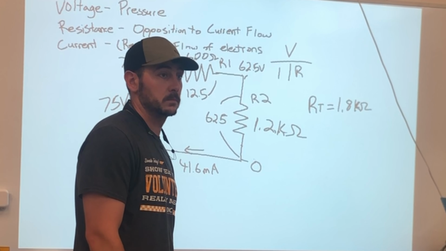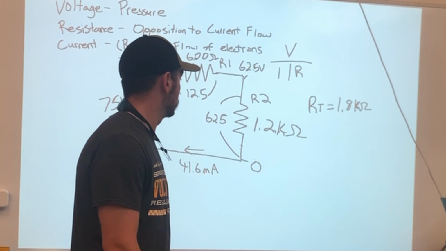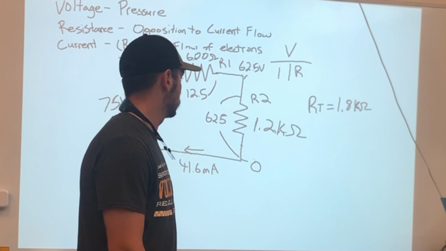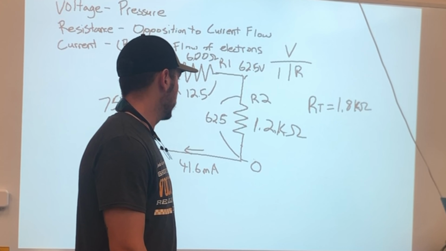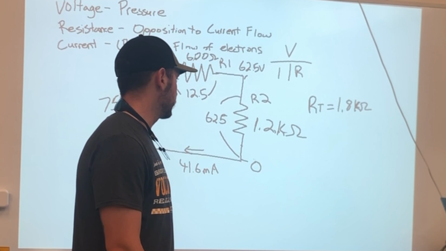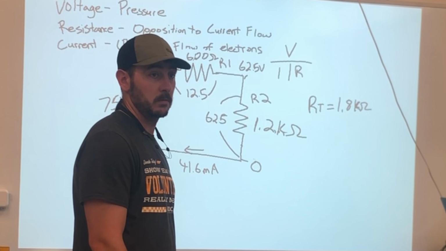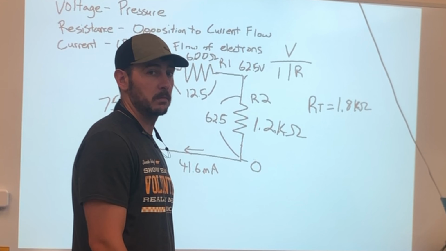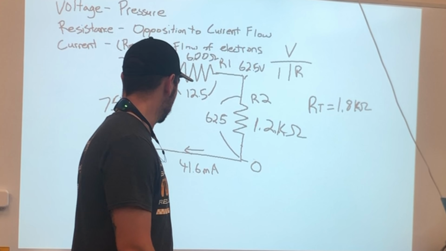I got 49.92. You did 0.0416 times 1200 and got 49?